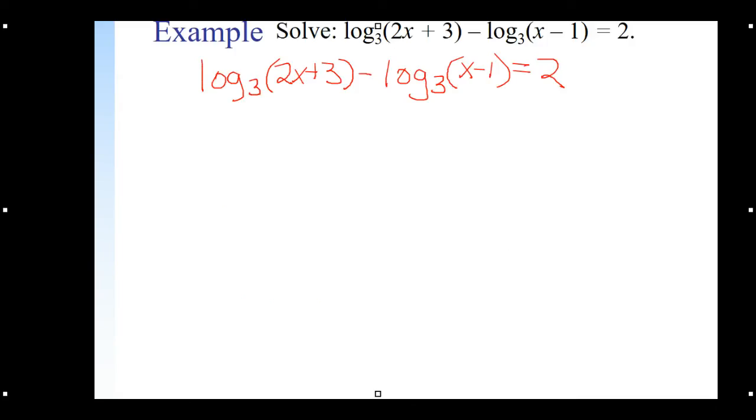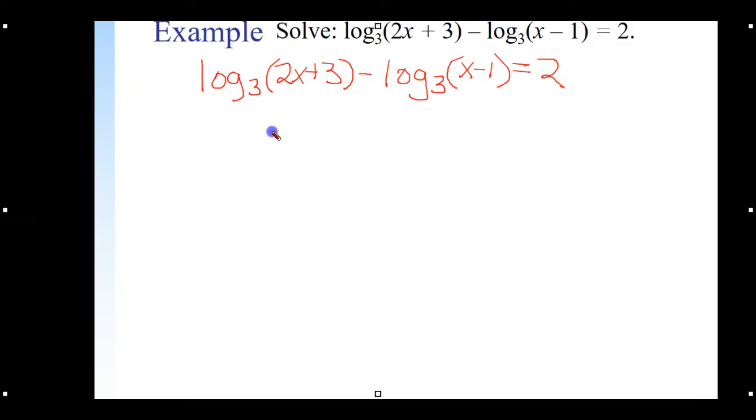Now, in this one, as we look at it, and I've written it out here so you can see it a little better, this is the expanded log form. We want to put it in its condensed log form and then convert it to an exponential equation. So this is subtraction here.